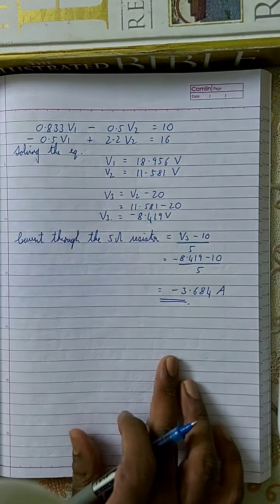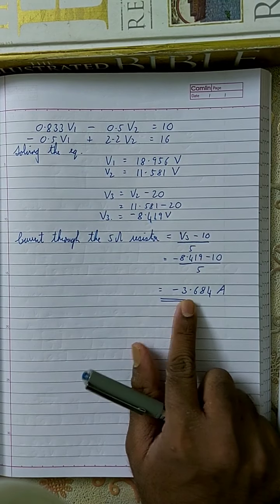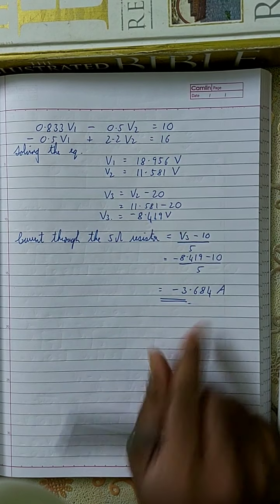Okay, this is the answer. This is the current through the 5 ohm resistor, minus 3.684 amperes.